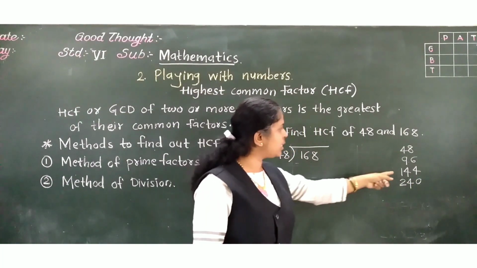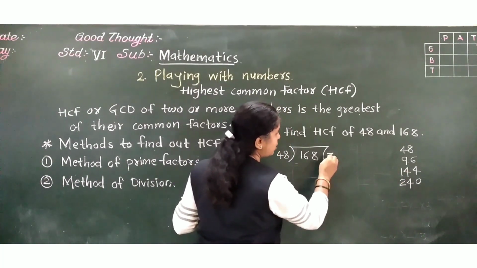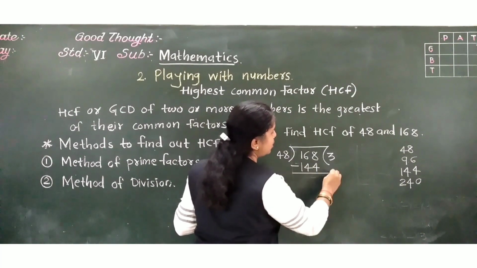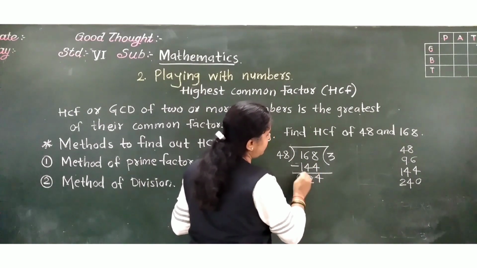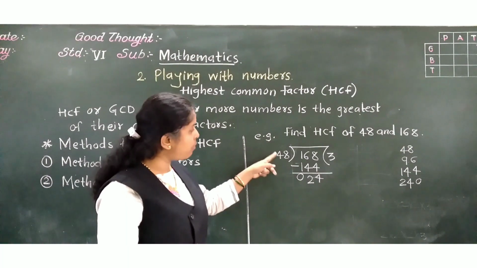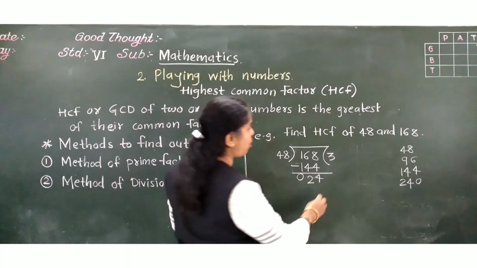So which number is near to this? 144. So how to write? 48 threes are 144. Now 8 minus 4, 4. 6 minus 4, 2. Correct? Now we have to divide the divisor by the remainder. This is the method of division.